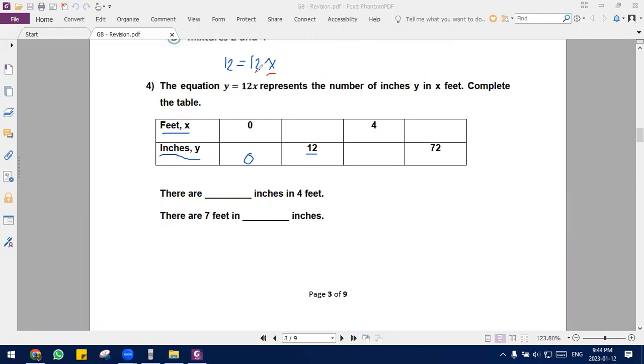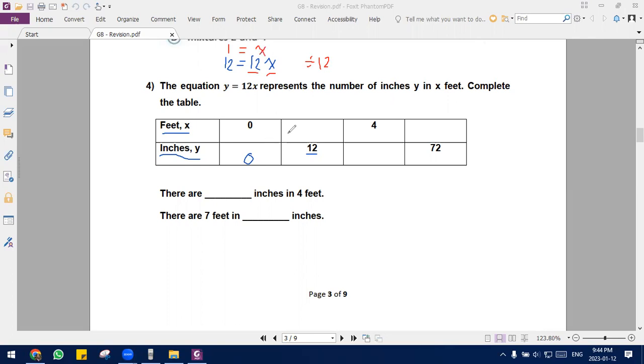We have x multiplied by 12. To remove it, we should do the opposite. So we divide everything by 12. And then we will get the answer. 12 divided by 12 is 1. And then 12x divided by 12 is x.